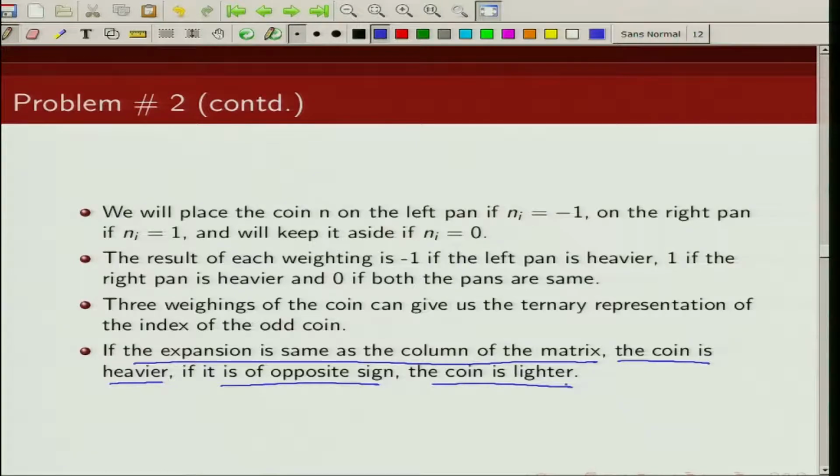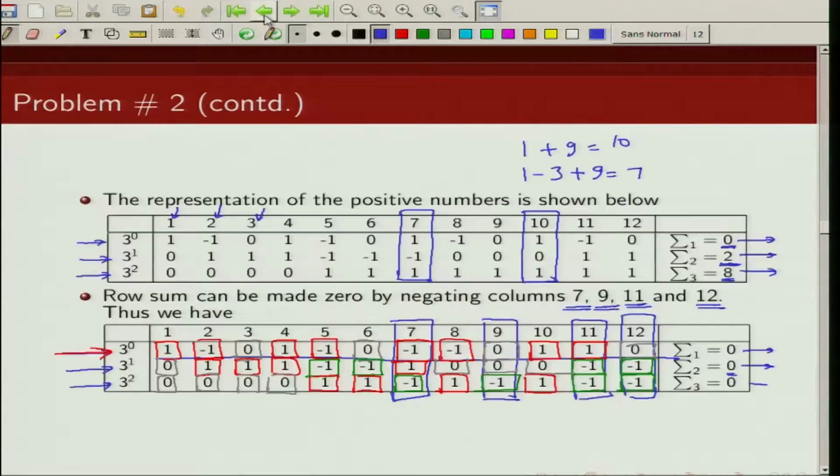So what I am saying is, as a result of my weighing, when I give these numbers -1, 1 and 0 depending upon which pan is heavier, if that expansion comes out to be same as a column of this modified matrix that I had, then the coin is heavier, and if it is of the opposite sign, then the coin is lighter. So let us check this result.